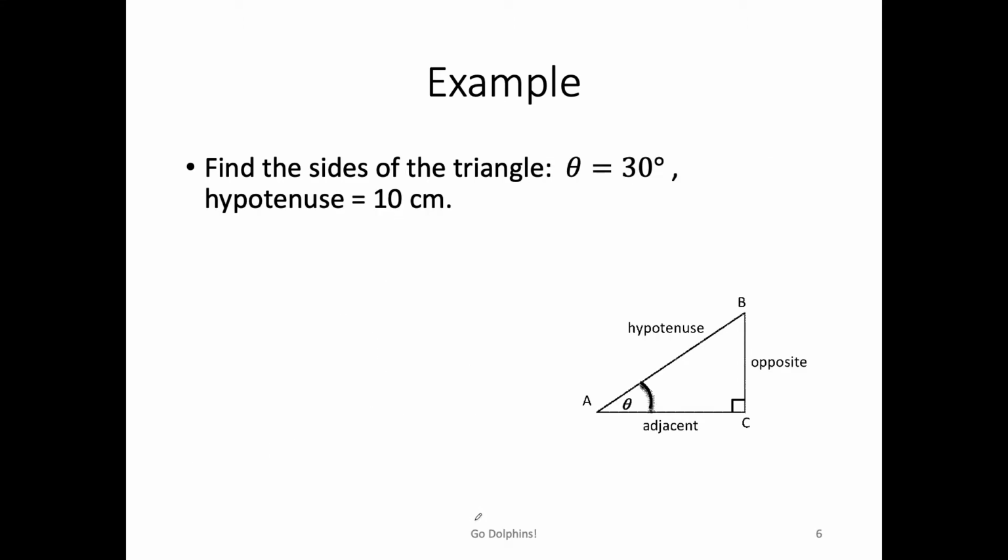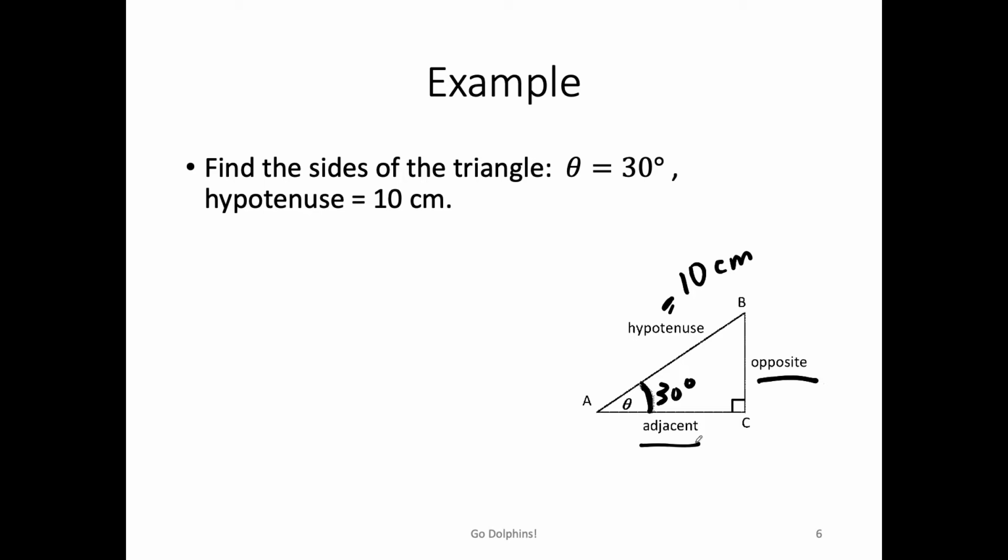Now this problem only gives us two numbers. One is this angle, 30 degrees, and the other tells us the hypotenuse is 10 centimeters. It asks us to find the other sides, opposite side and adjacent side. Let's start with the opposite side.